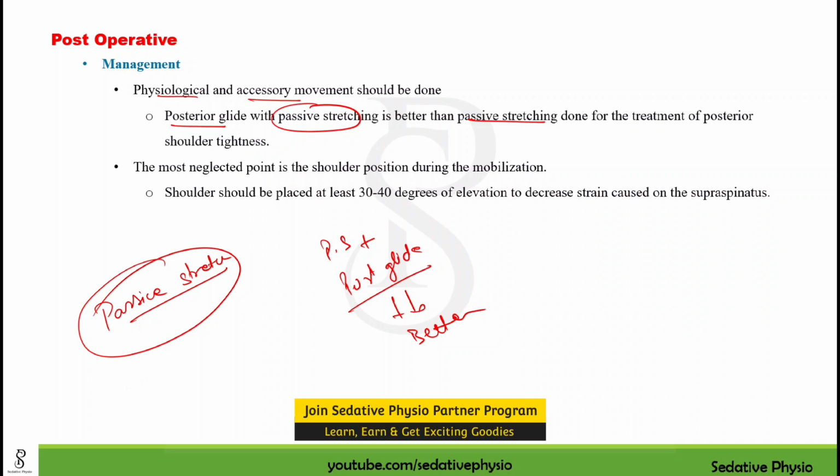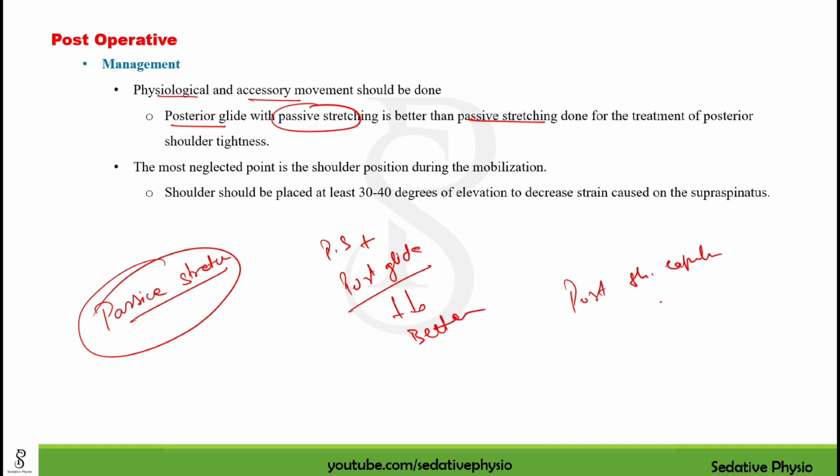And what it will do, it will prevent the posterior shoulder capsule adhesion. Now posterior shoulder capsule adhesion is one of the common complications that we can see after the surgery. That's why to prevent that particular adhesion, we can go for the posterior glide with passive stretching. That will be a better option as compared to just passive stretching.